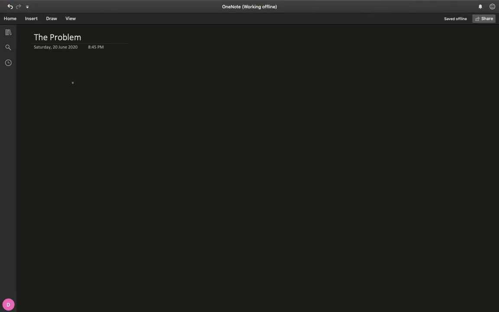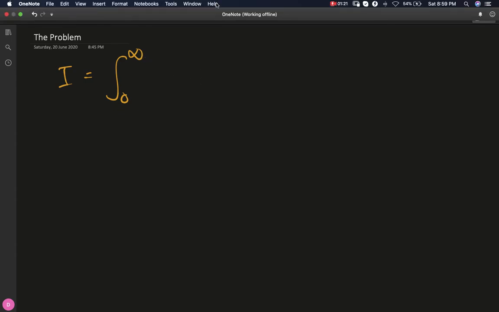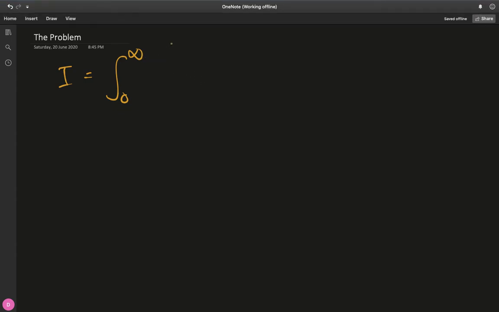So we start with a problem integral, let's call it I, which is defined as the integral from 0 to infinity of the natural log of x divided by the square root of x times (x plus 1) squared, dx.